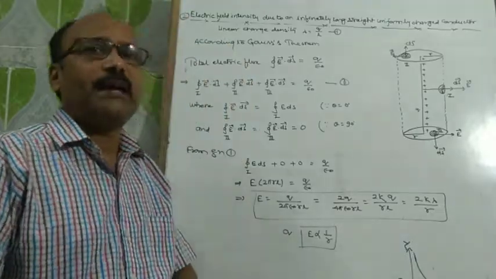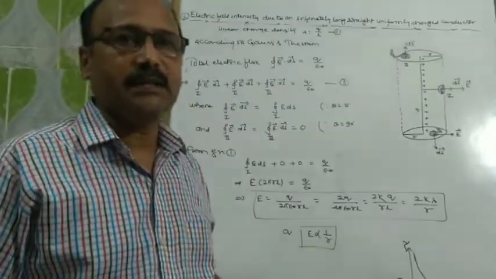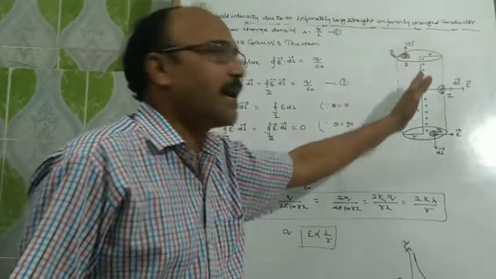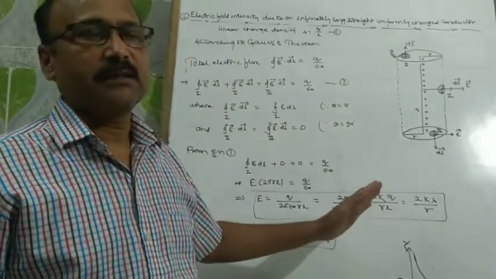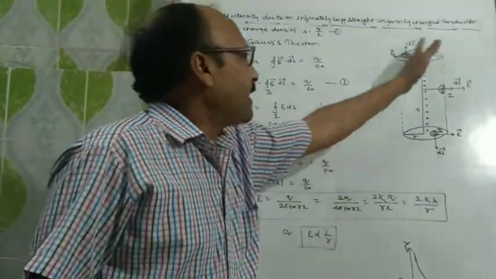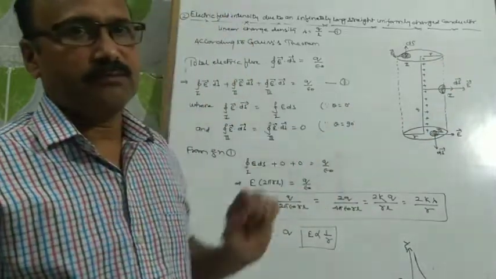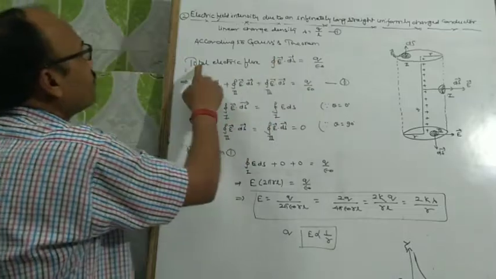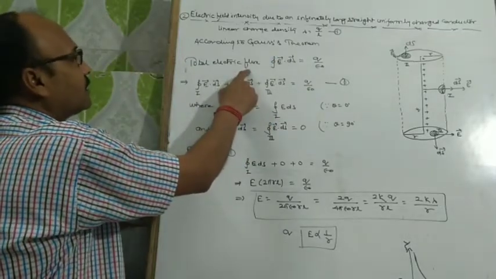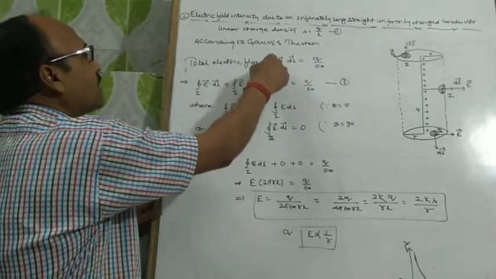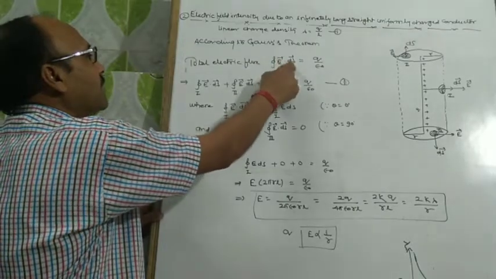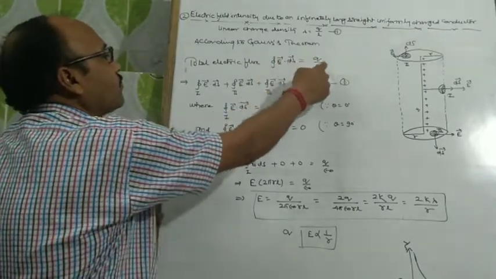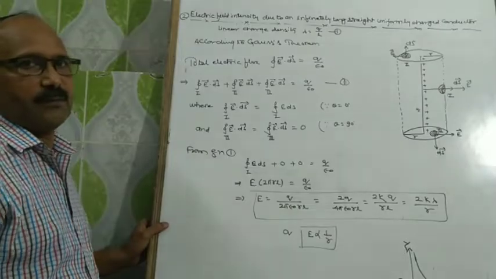Now we have to find out the electric field intensity due to this straight line charge conductor by applying Gauss's theorem. According to Gauss's theorem, the total electric flux, closed surface integration E dot ds equals q upon epsilon naught.